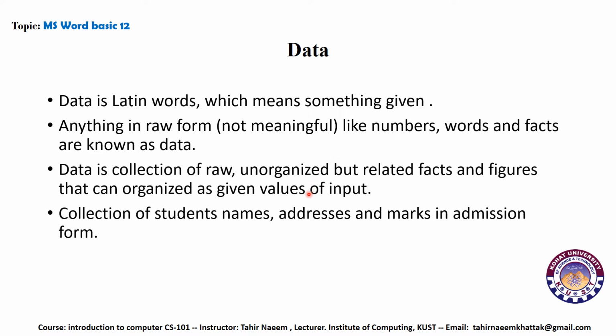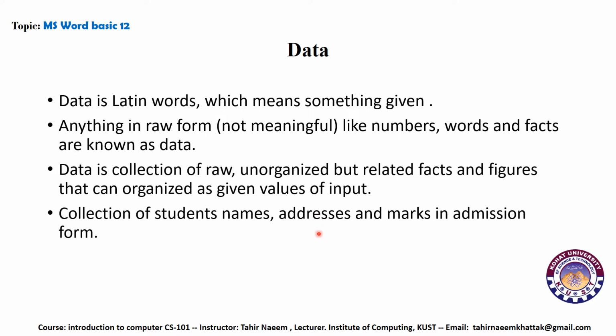Here I will give you an example. When you applied for admission to Cohort University of Science and Technology, you filled in the form in KCMS where your name, address, and marks are required. You are required to enter these different pieces of information in the admission form. Basically, these are just values, not yet used for a particular purpose.